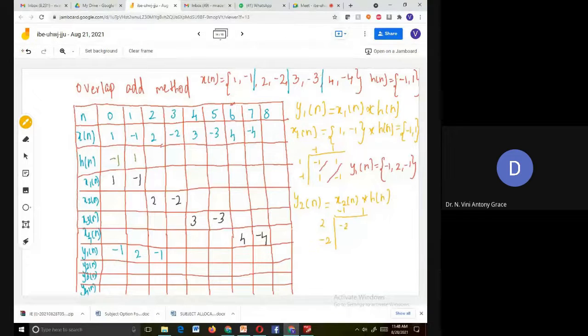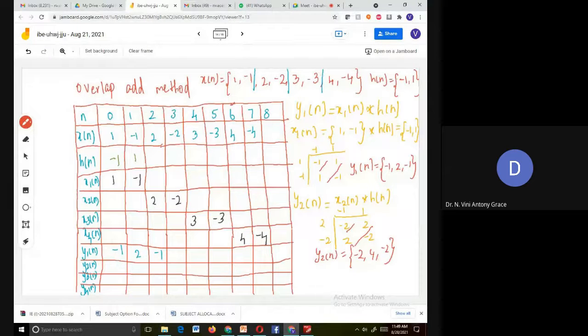Multiply this, minus 2, 2, 2, minus 2. Is there any mistake in it? This is going to be 2 and this is going to be 4 and this is going to be minus 2. So I can write y2 of n as minus 2, 4 and minus 2.